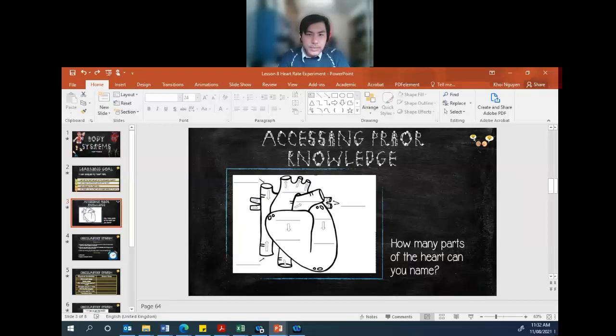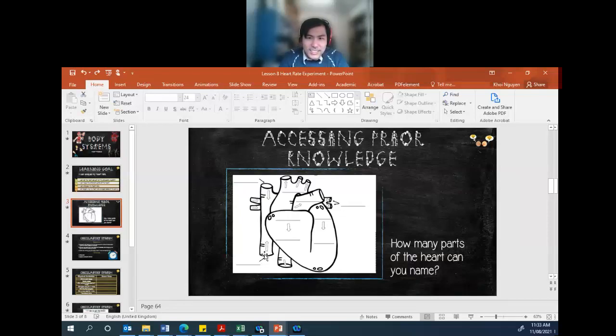So Ria got the aorta. Yes, that is one of them. It's good. The pulmonary vein, Ria's on top of it again. Of course, we have the pulmonary arteries. Yes, Georgia, you got it.